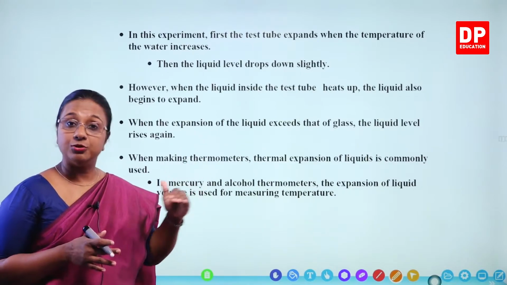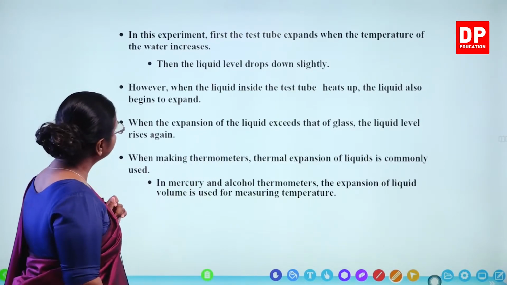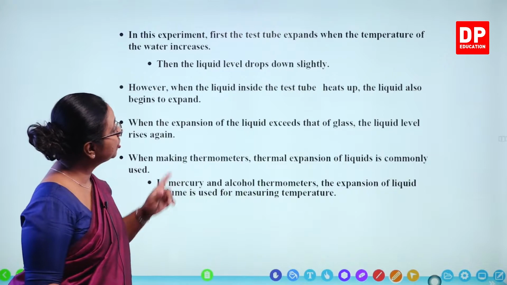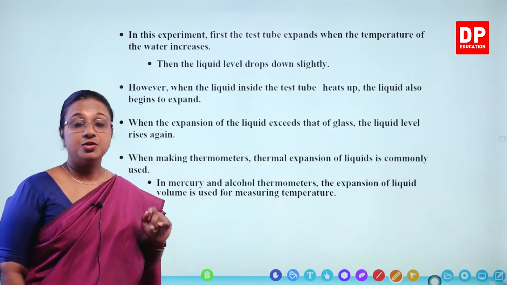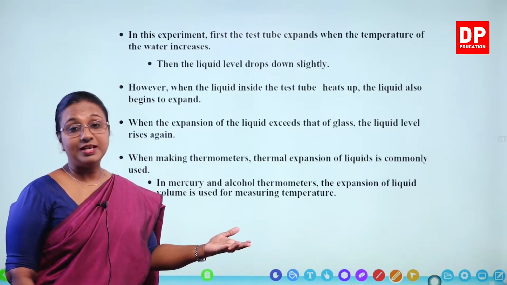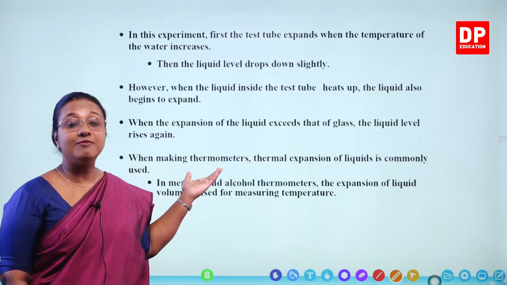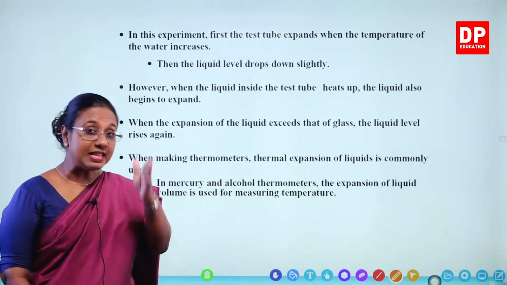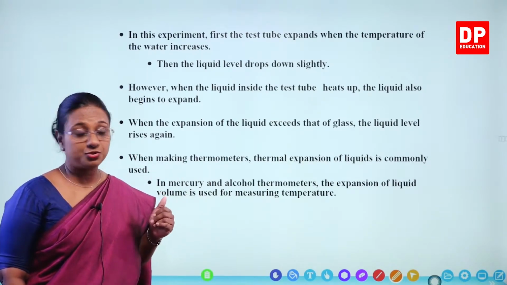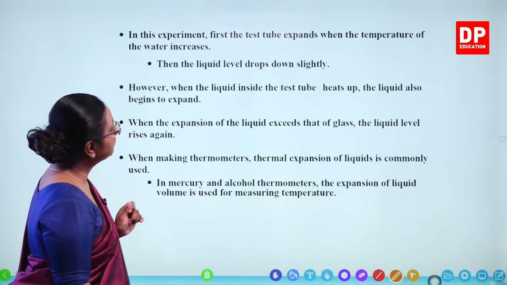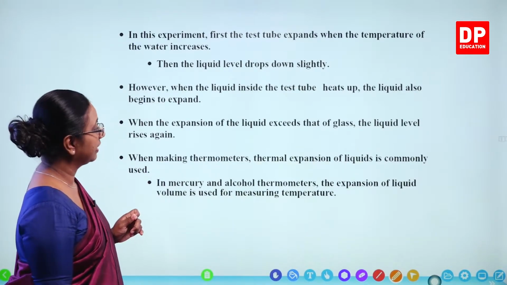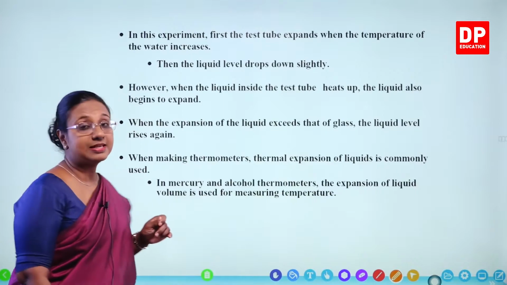That is from A to B. However, when the liquid inside the test tube heats up, the liquid also begins to expand. So, thereafter, liquid here means water, that is the colored water inside the test tube, and the glass tube also starts to expand on becoming hot. When the expansion of the liquid exceeds that of glass, the liquid level rises again.